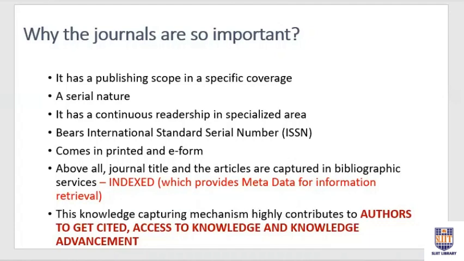Here the metadata in a journal article is all the searchable information like author, the title, and the scope, and the research points, and the methodology, etc., which are extracted by this indexing system to provide better information searching for the user. So it provides metadata for information retrieval.